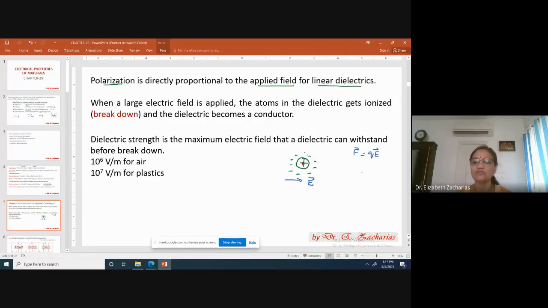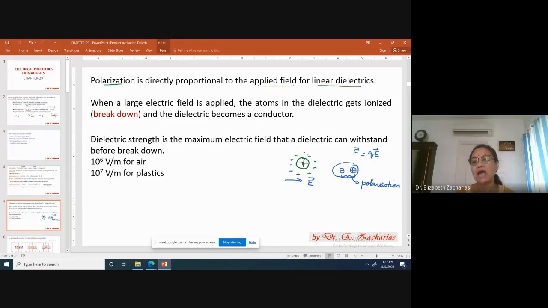So what you will finally find after you apply the electric field is that the positive part of the atom will move slightly to the right in the direction of the electric field, and the negative cloud will go like this, or the center of that will be here. There is a displacement between the center of the negative charges and the positive charges, and this process is called polarization.